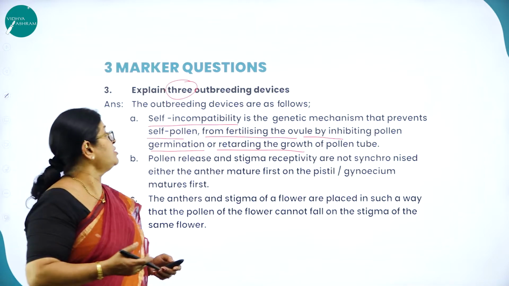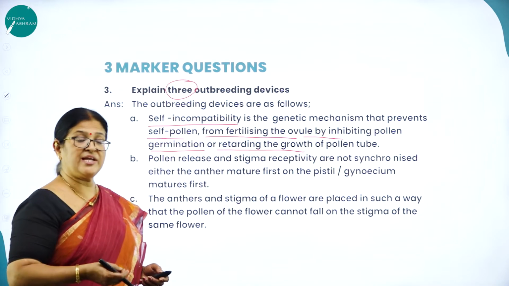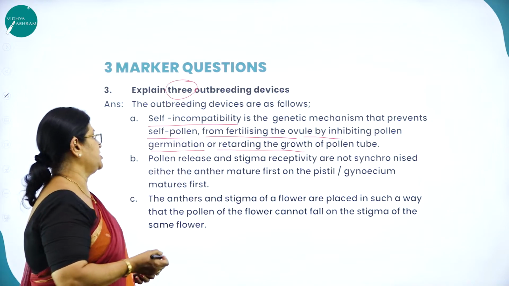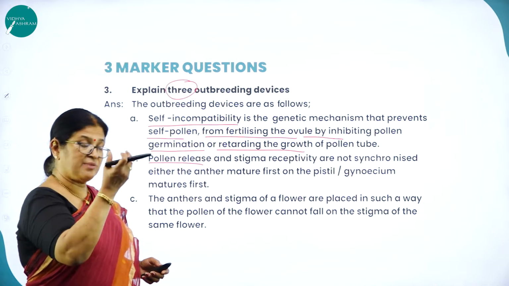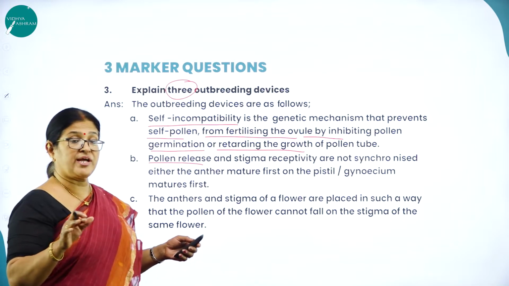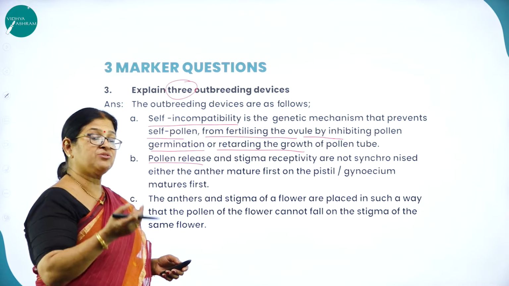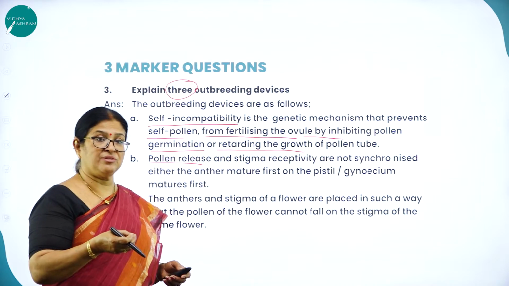So, self-incompatibility is one such mechanism designed by the plant to avoid self-pollination and to enhance cross-pollination. Then the second device is that the release of pollen and the stigma receptivity are not synchronized, they will not happen at the same time. So maybe when the stigma is not receptive at that point of time, the pollen grains may come and land on the stigmatic surface.